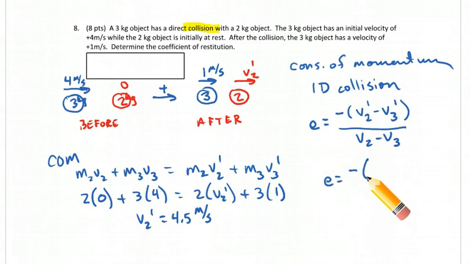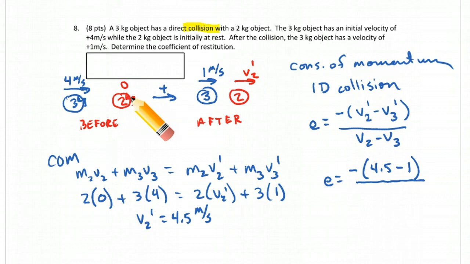So we'll have E: v2 prime is 4.5 to the right, v3 prime is 1, over 0 minus a positive 4. Alright, so it looks like those negatives will cancel, so I'll have 3.5 over 4.